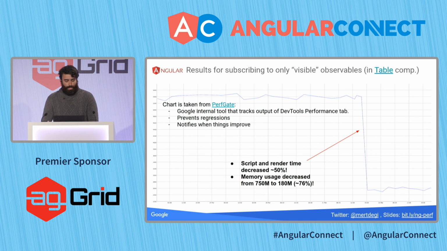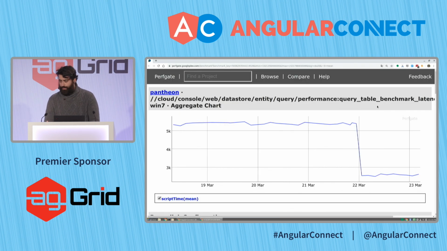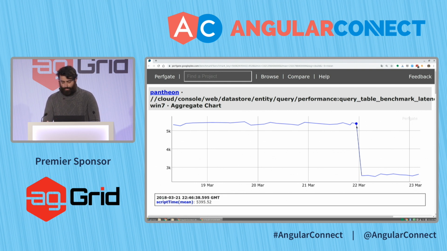So I want to show you this, although it's an internal tool, because you might want to consider having a tool like this where it tracks your script time per CL basis, and you see this, it was taking 5 seconds, and now it was taking 2.5 seconds. Those values don't matter as much as the percentages because we have like maybe a million rows in this benchmark.